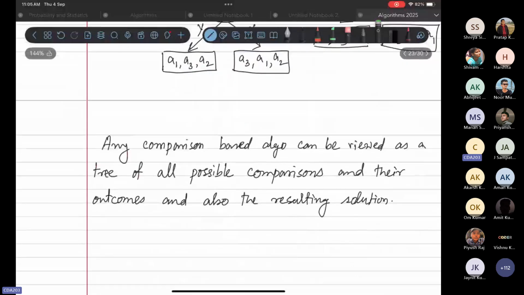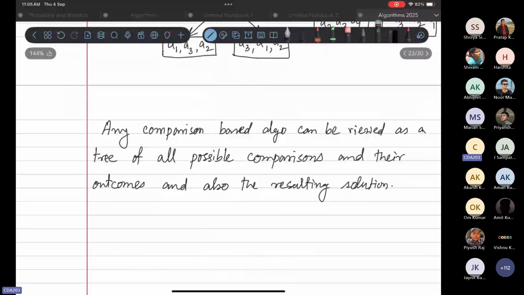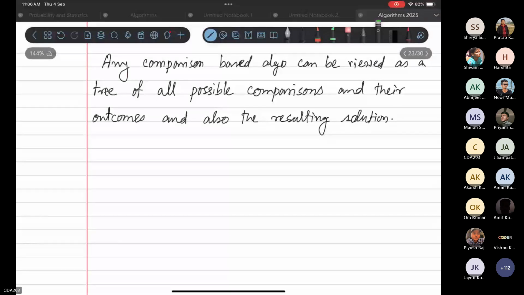Okay. Any question about this decision tree? Remember that this is representing some kind of an algorithm. So let me ask this.